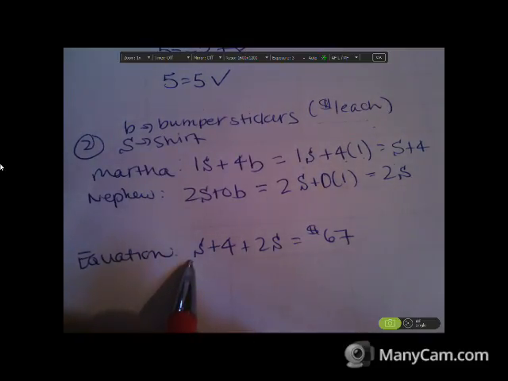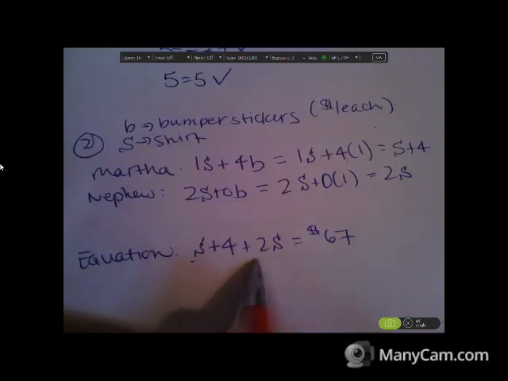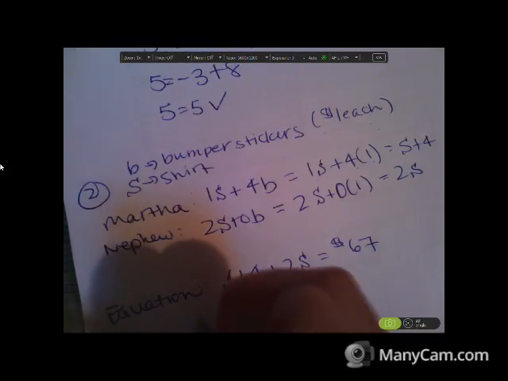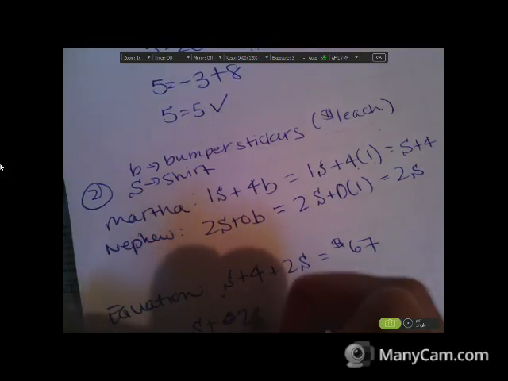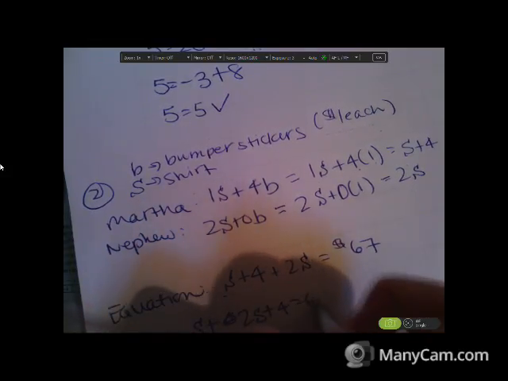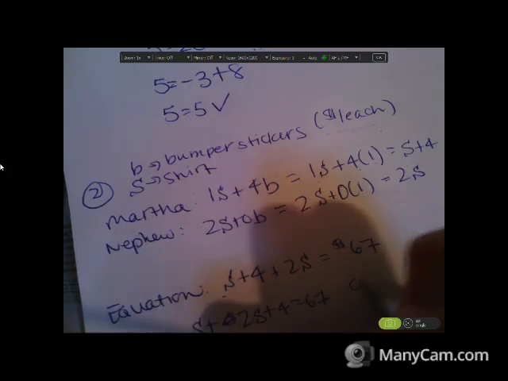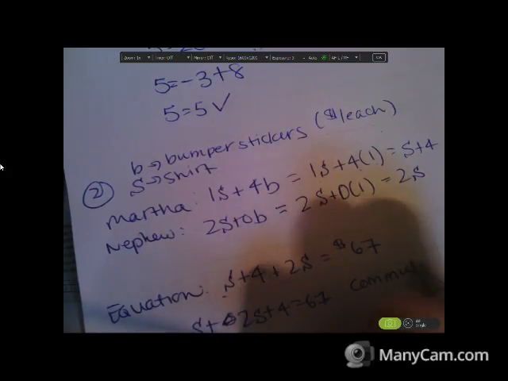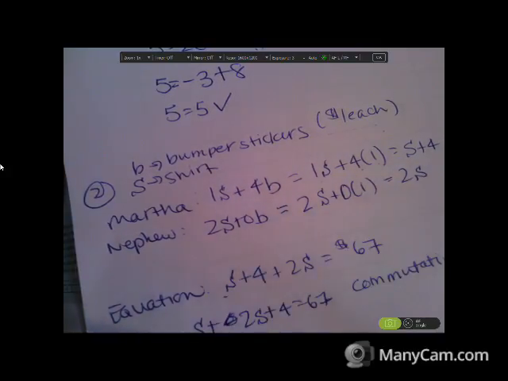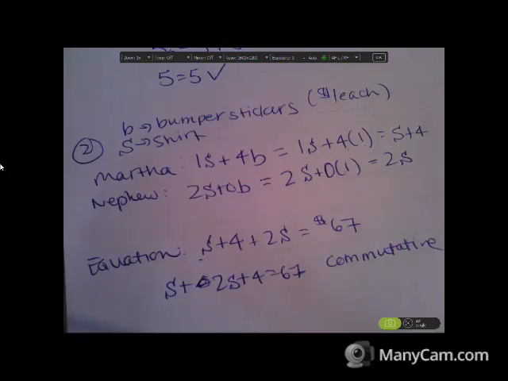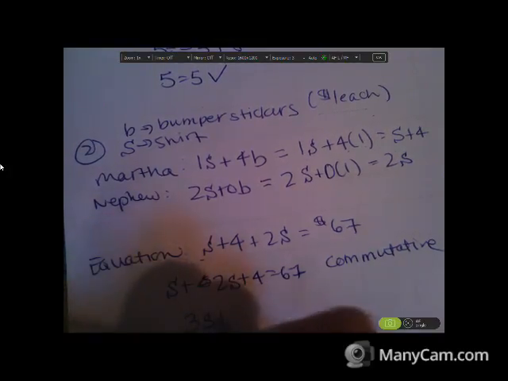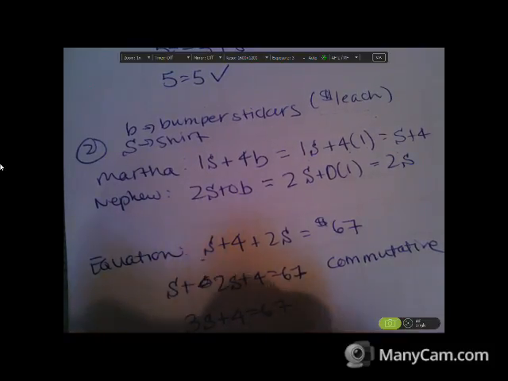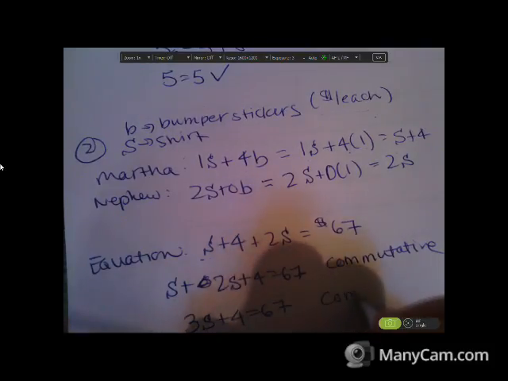I want to see what other term has an s, which is 2s. So I'm going to switch it around again. And what property did we use? The commutative. After that, I want to combine. s plus 2s is 3s plus 4 equals 67. And that's because we combined our like terms.